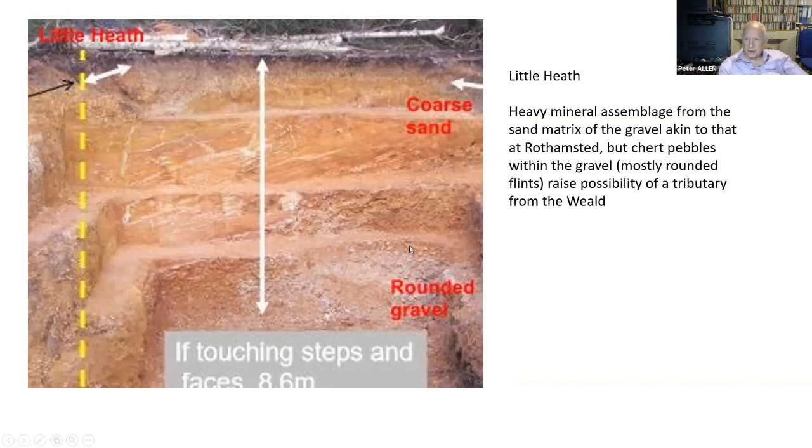So that's the basis, the heavy minerals found in the sands in the rounded gravel, that make the link. But there are also some chert pebbles in there, raising the possibility of a tributary from the Weald.